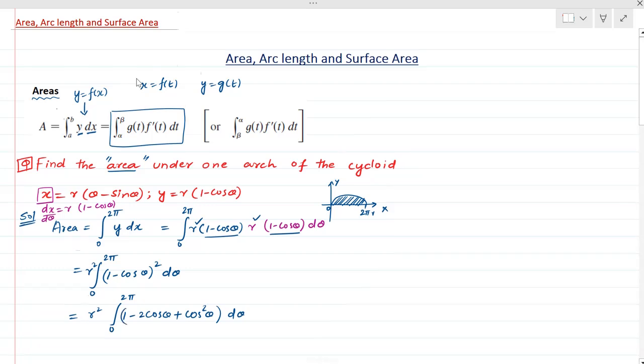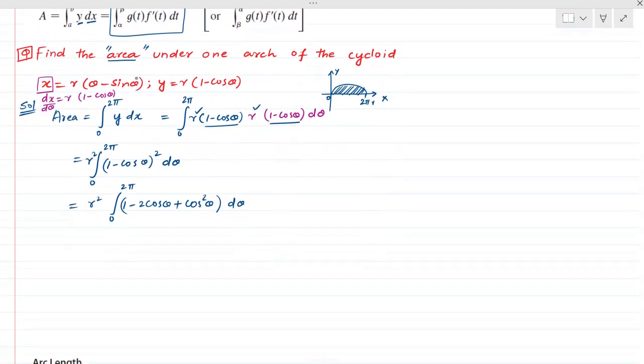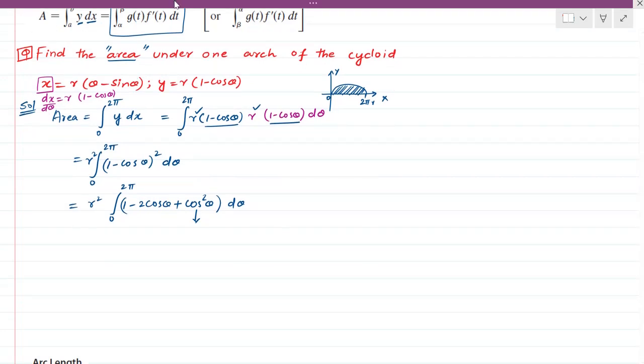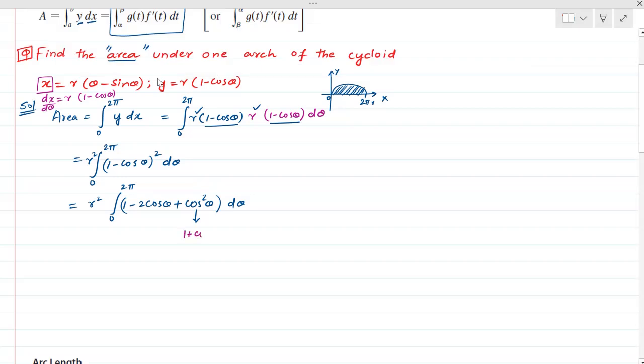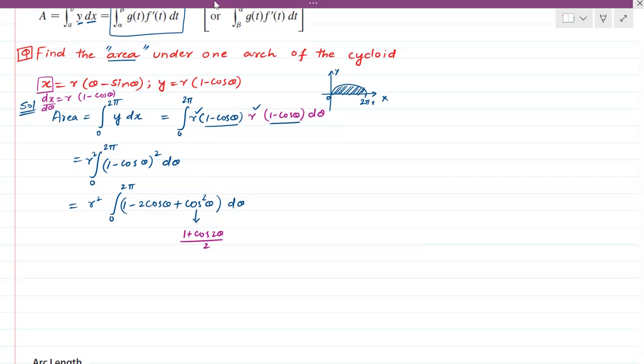Now again, I have to go with cosine square theta. So cosine square theta is 1 plus cosine 2 theta over 2. So this is the formula for cosine square theta.